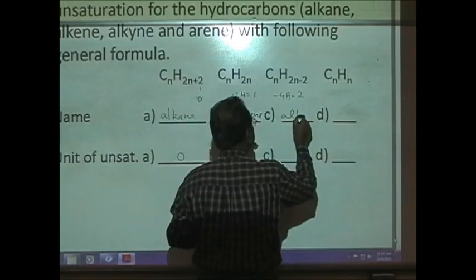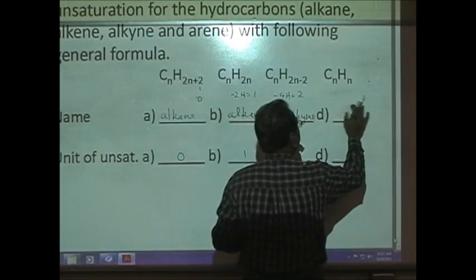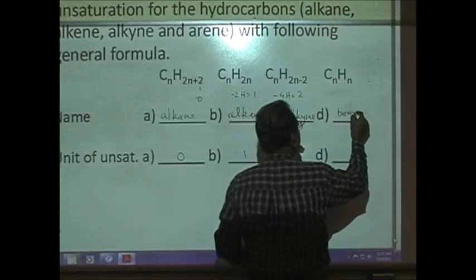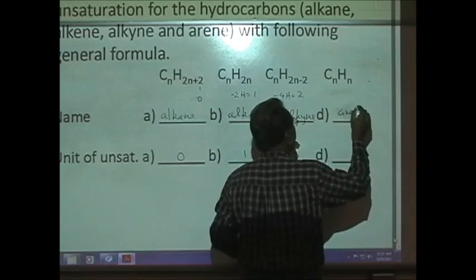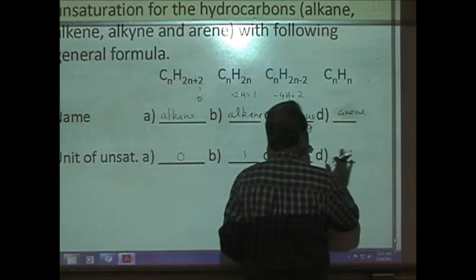This is alkyne. And this would be benzene, arene. Okay. Now arene has how many units of unsaturation?